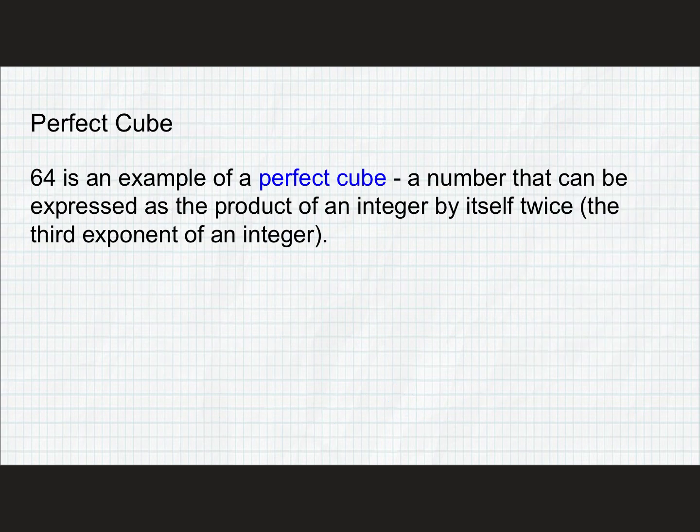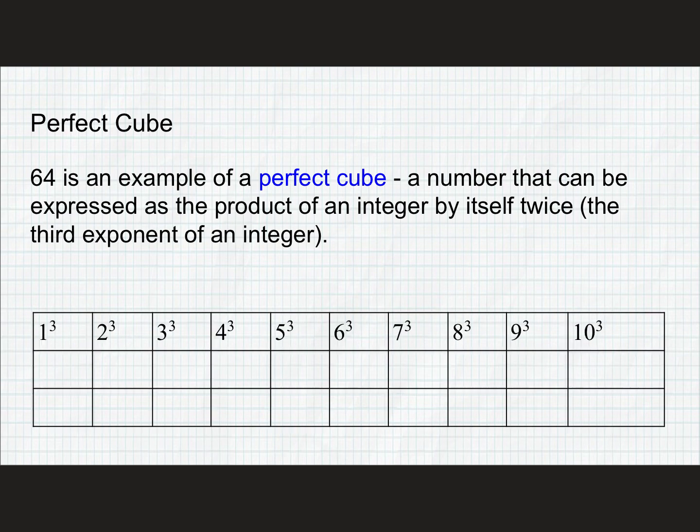Now 64 is an example of a perfect cube, a number that can be expressed as a product of an integer by itself twice, or the third exponent of an integer. Let's go ahead and calculate some perfect cubes. So first we have 1 cubed, which is 1 times 1 times 1, or 1. 2 cubed is 2 times 2 times 2, or 8. 3 cubed is 3 times 3 times 3, or 27.